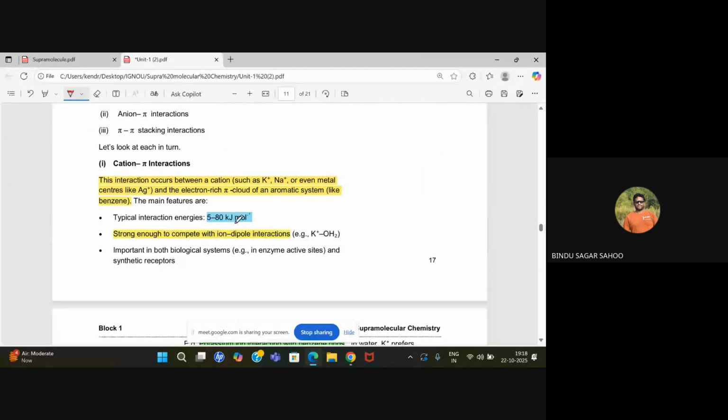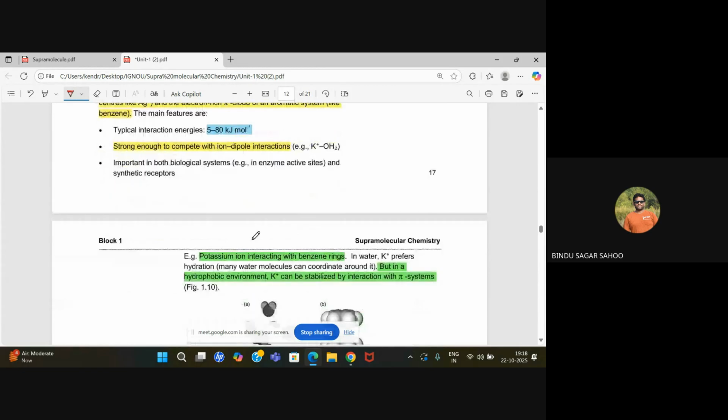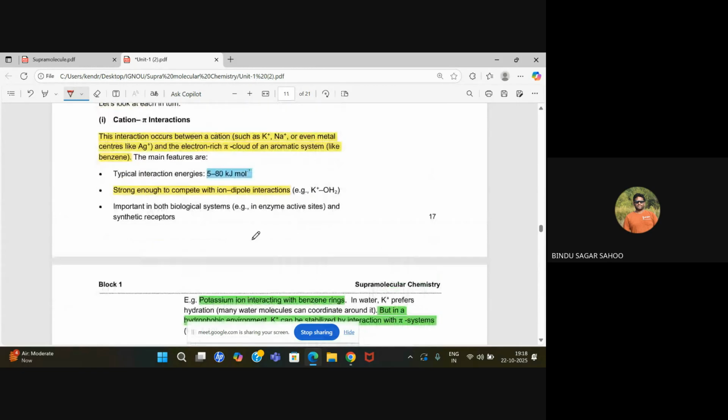The strength of this interaction is 5 to 80 kilojoules per mole. So it is strong enough, in the range of energy of an ion-dipole interaction also. This type of interaction is found in most biological systems, and in synthetic receptors, that is, in chemical synthetic compounds also.